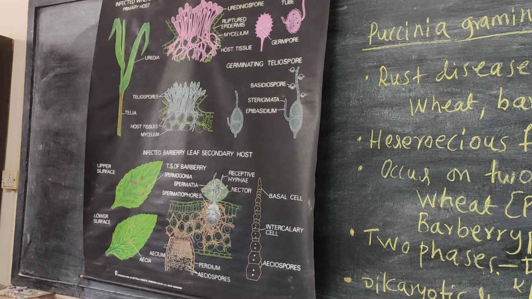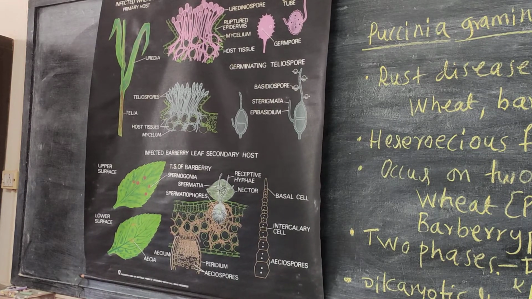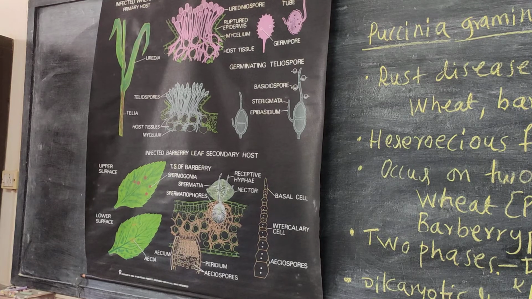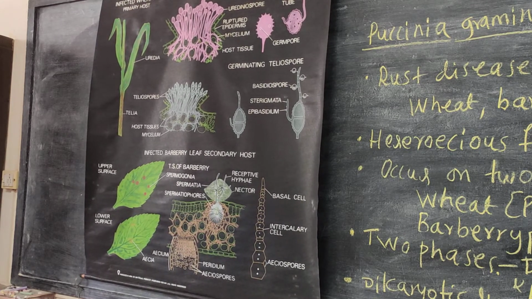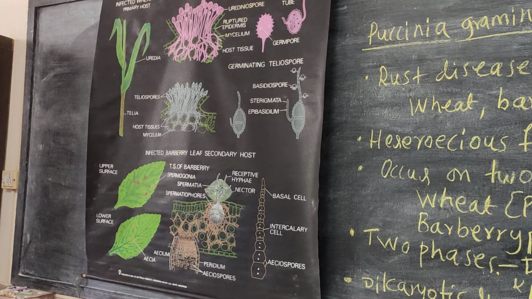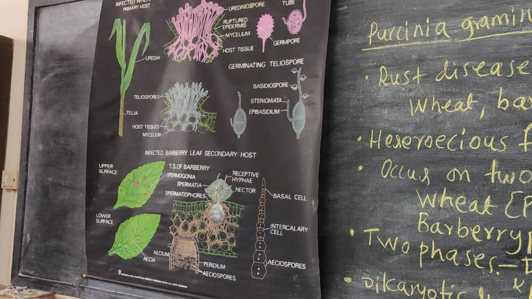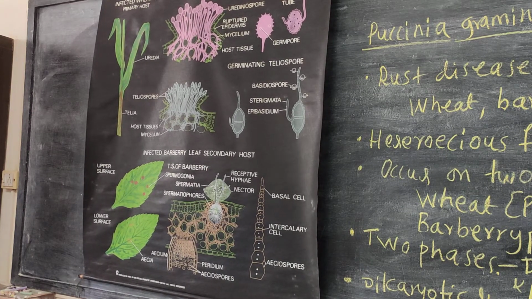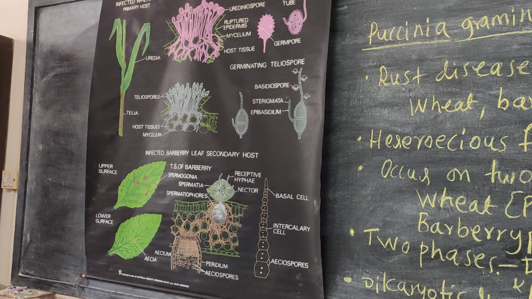The mycelium enters through the stomata and develops in the intercellular spaces of the tissues of the leaf and the stem. The fungus produces a number of reddish brown pustules, as you are observing on the chart, red streaks.